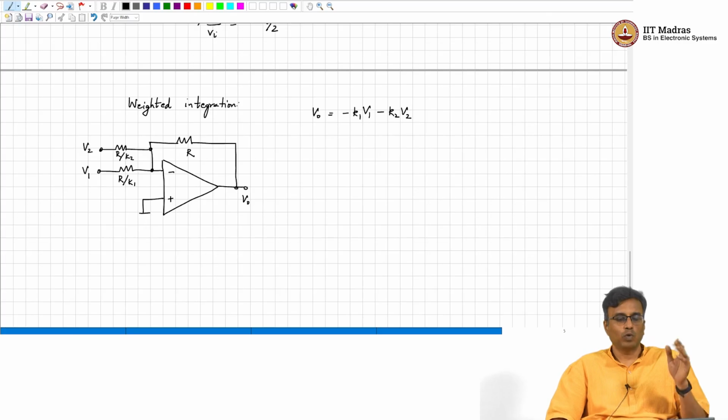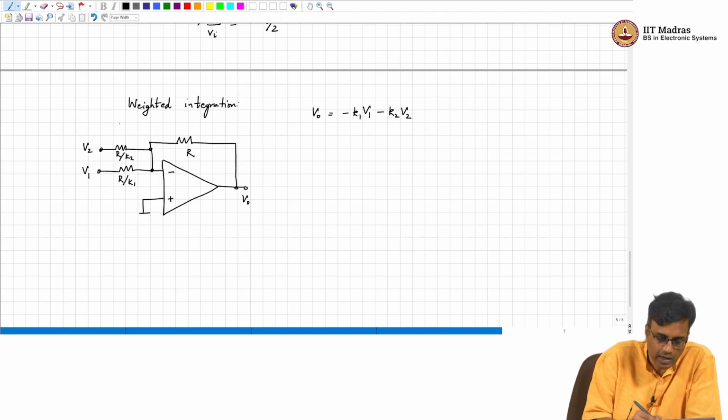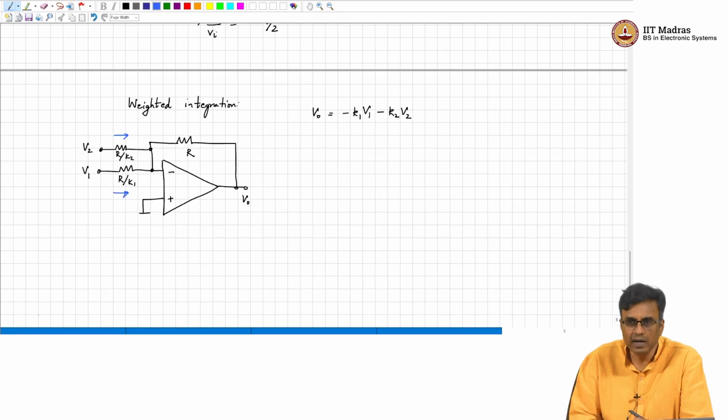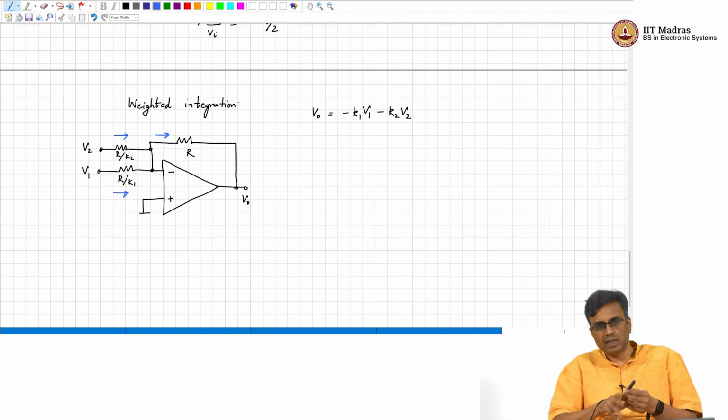Alright, so if you have n voltages, then you can add them all up. How is addition being done? Well, this voltage is being converted into a current. This voltage is also being converted into a current. The currents add up at the virtual ground and go into the feedback element and generate a voltage across the feedback element, which is proportional to the weighted sum of the inputs. Does that make sense?